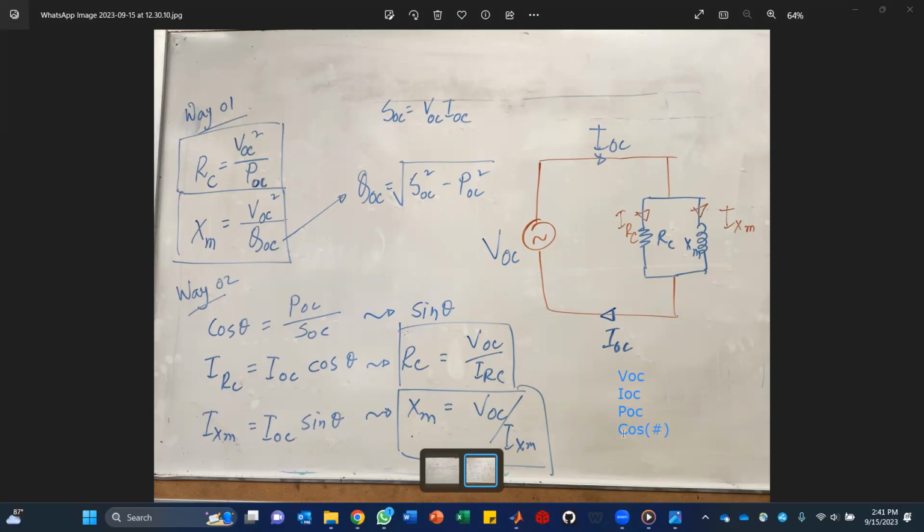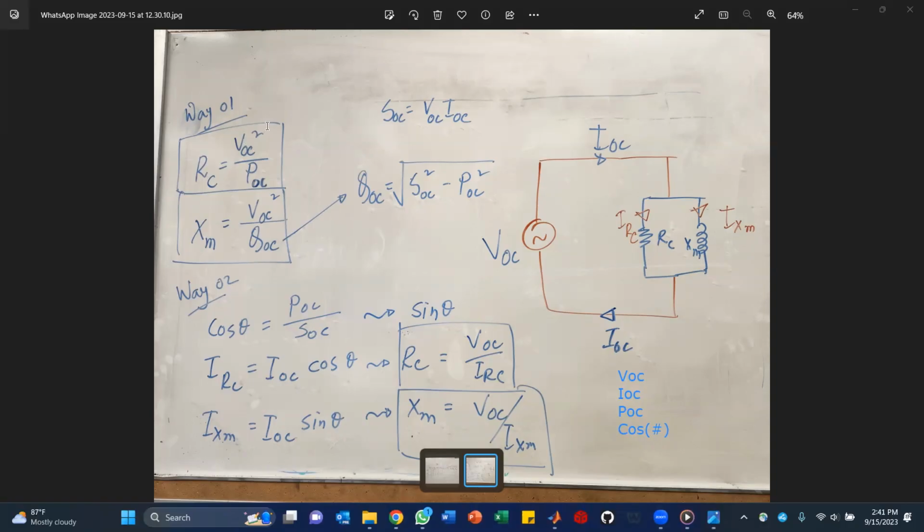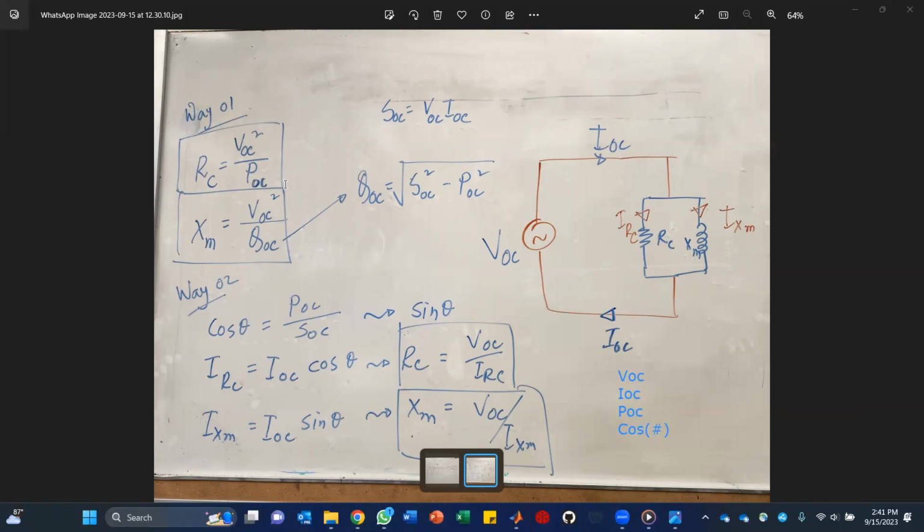So we know from this equation that RC equals VOC square over POC. This is a very basic equation. If we use the measured VOC and POC, we can directly calculate RC. Same goes for here, but we don't know what QOC is.